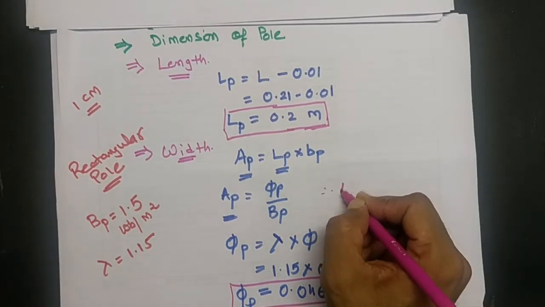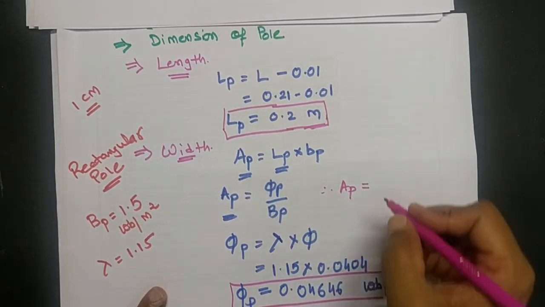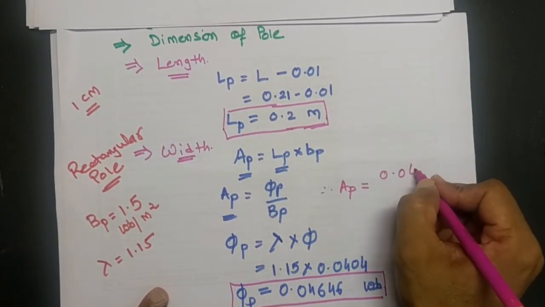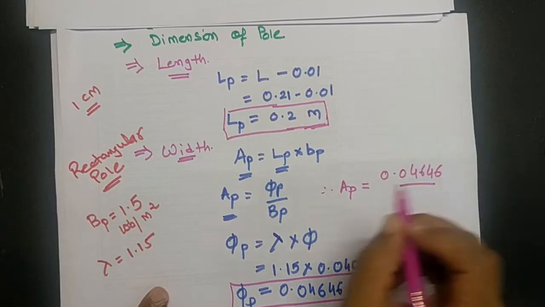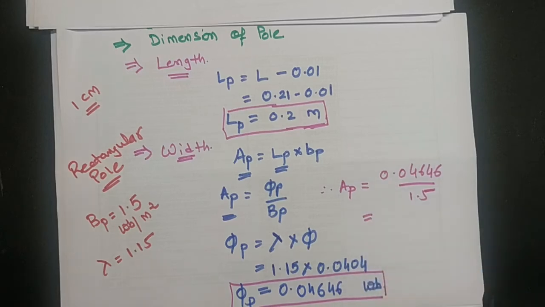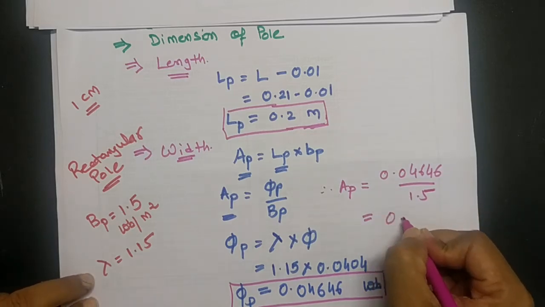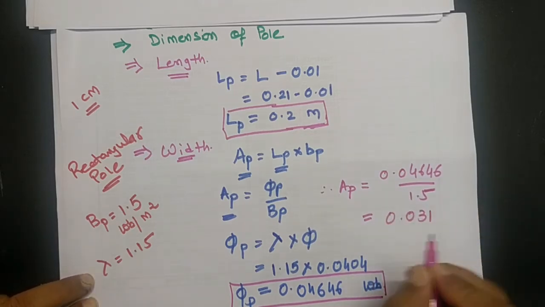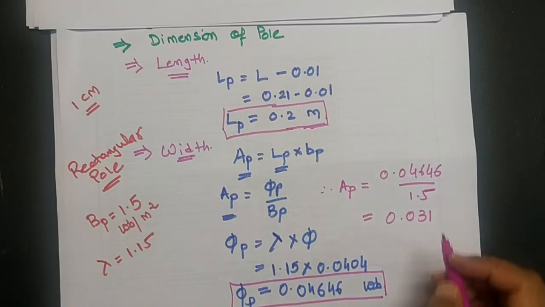Area of the pole is 0.04646 divided by the flux density we have assumed, 1.5, and based on this we have area of the pole, 0.031 meter square.